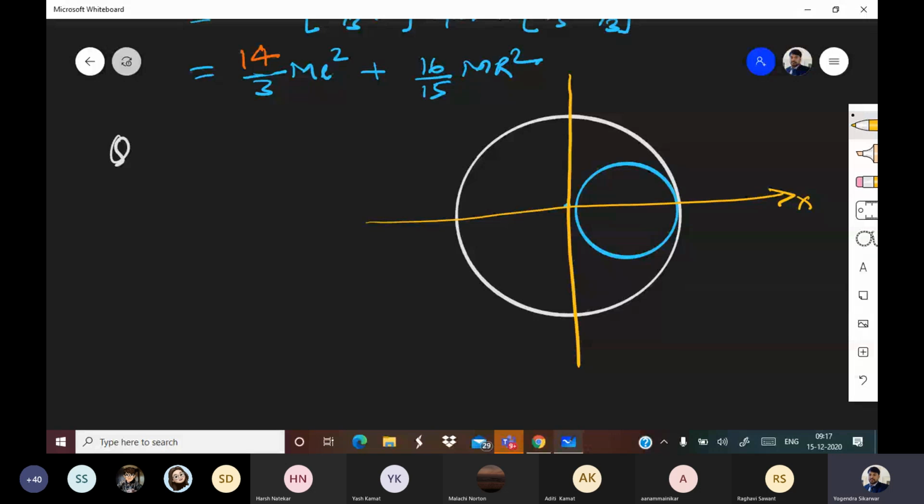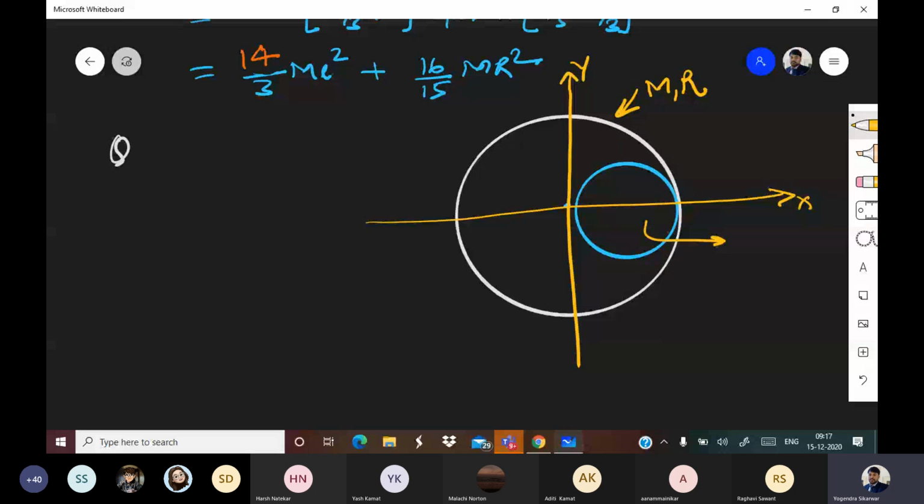Solid sphere is touching. Inside one is also touching. Keep this thing in mind. In the diagram, it is not that visible. It is touching. So this solid sphere has mass capital M. Whole complete one has mass capital M and radius R. And from that, this portion is removed.